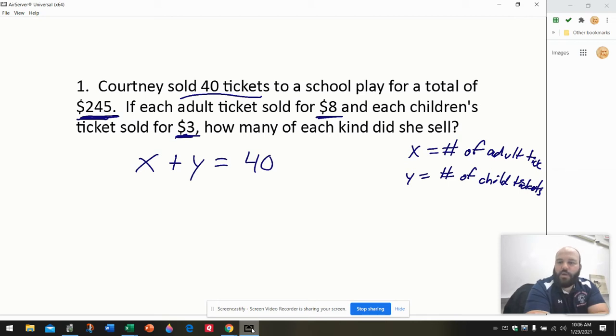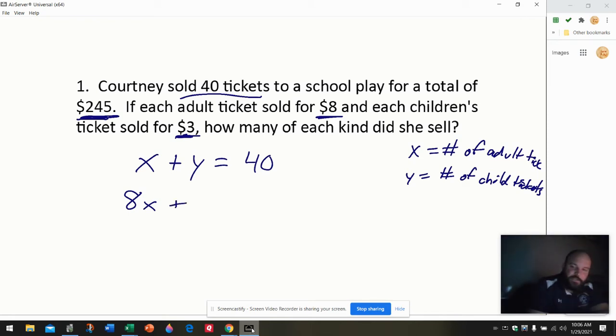In order to calculate how much money we made from all of the adult tickets, you would take $8 and multiply that by the number of adult tickets, which in this case is X. So 8 times X would give us the total amount we earned from the adult tickets.